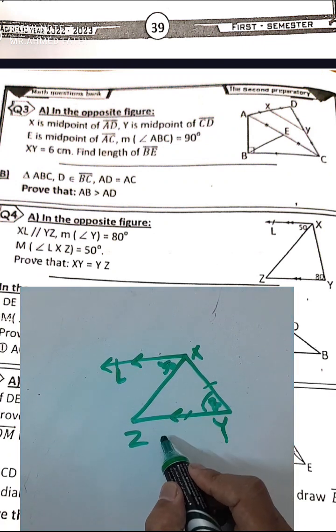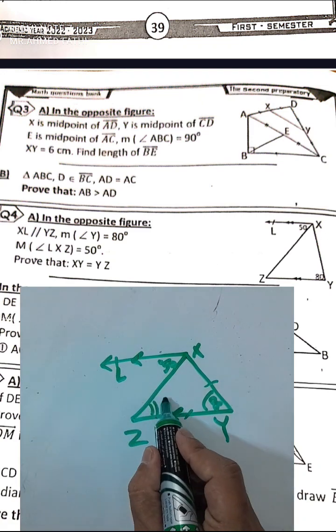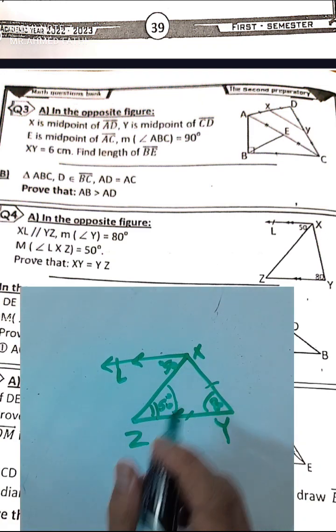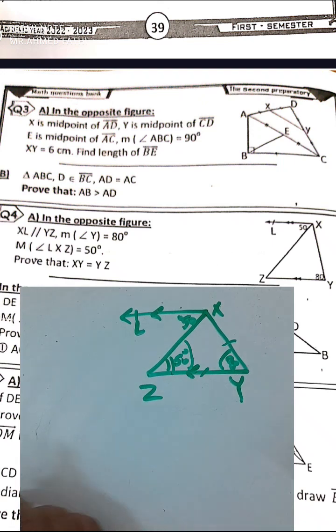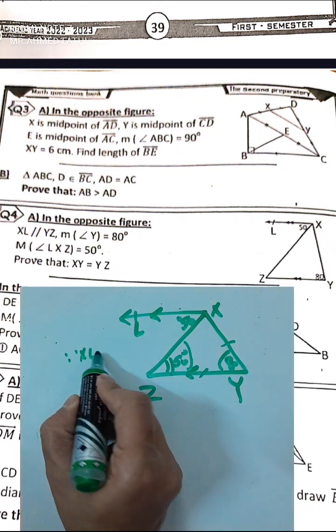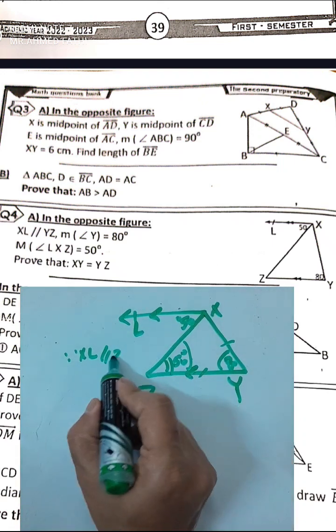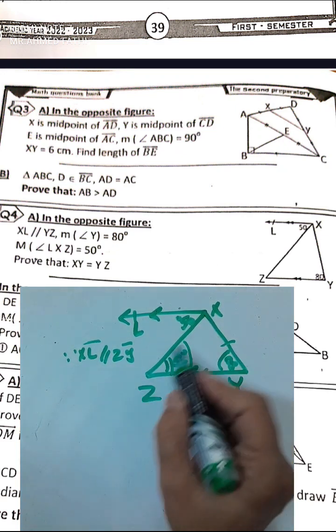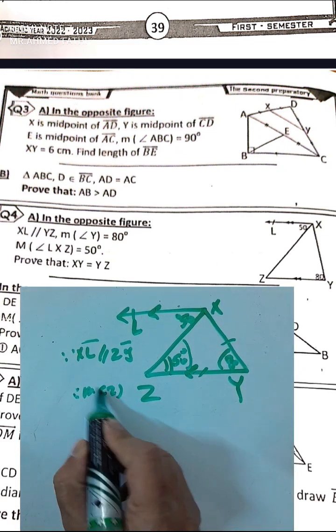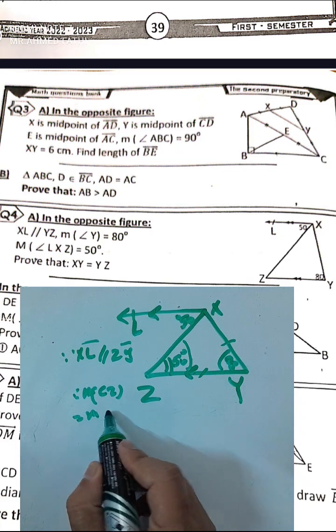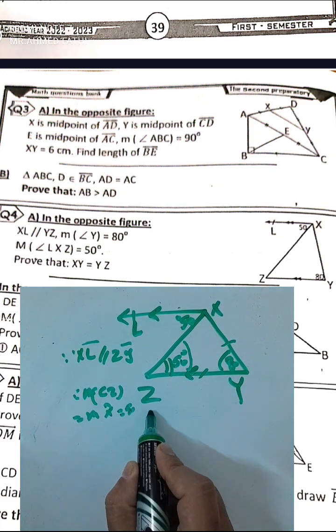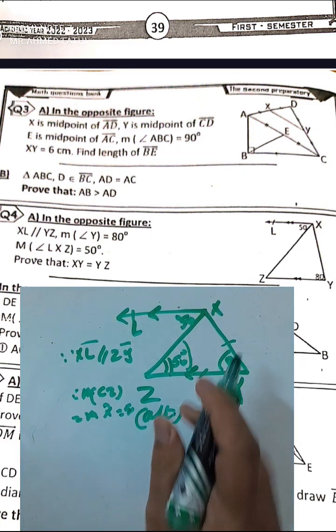How? We can find the angle Z. Z will be 50 degrees. We call it alternate angle. You can write with me, okay? Write with me, such that XL is parallel to ZY and XZ cuts them. The measure of angle Z equals the measure of angle X, equal 50 degrees. Alternate angle. What do we call it? Alternate angle.